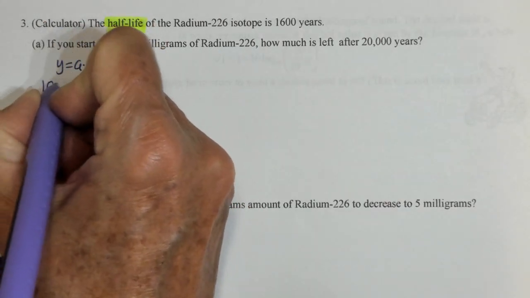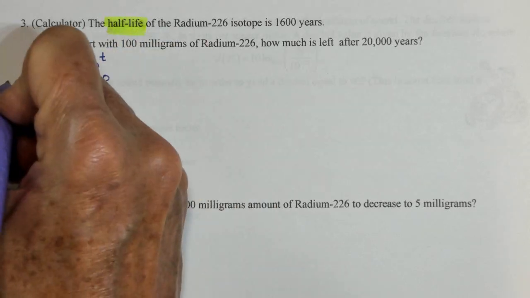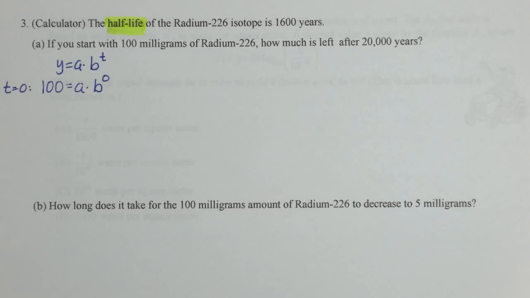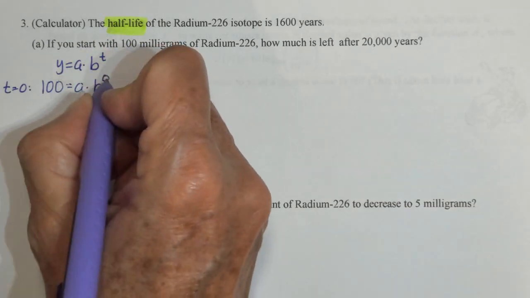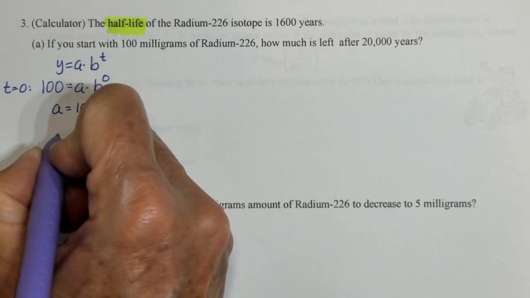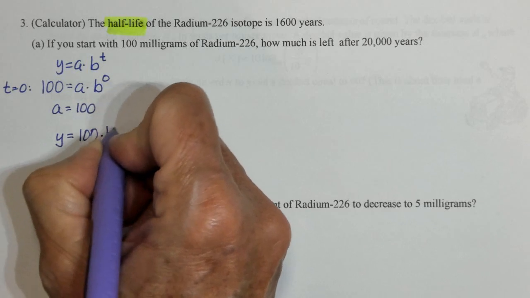So I'm going to put 100 in for y and 0 in for t. If you like to denote it like that, that's fine. So b to the 0 is 1, so we've learned that a is 100. So now my equation is y is equal to 100 times b to the t.